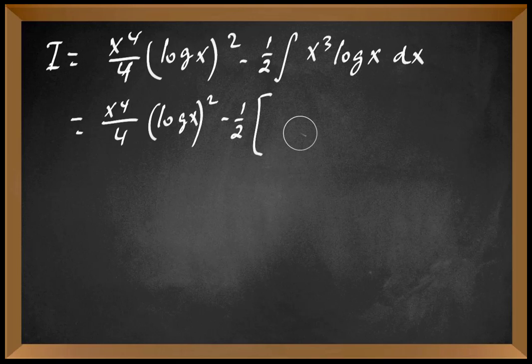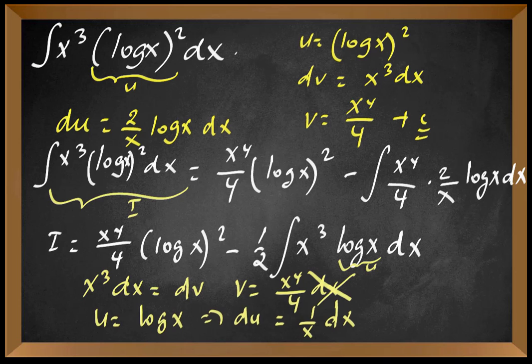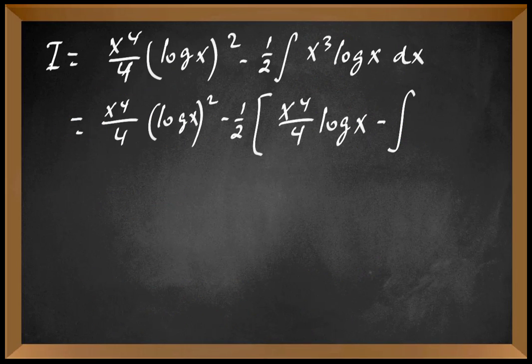Okay, so x to the power 4 over 4 times the quantity log of x, now minus the integral of v du, and we know that du is 1 over x dx, and v is x to the power 4 over 4.